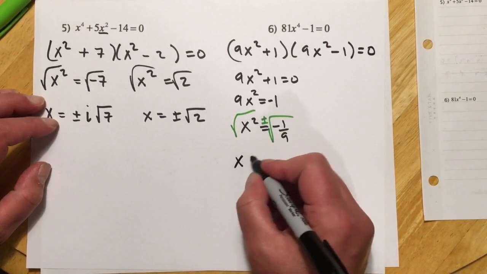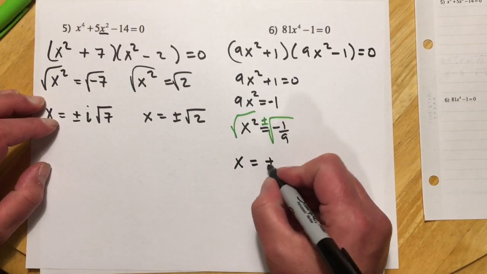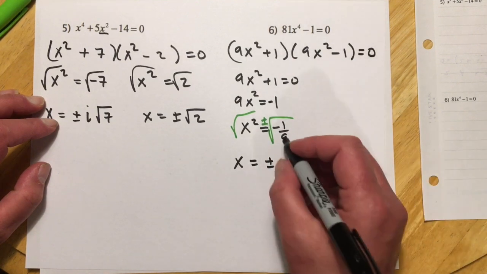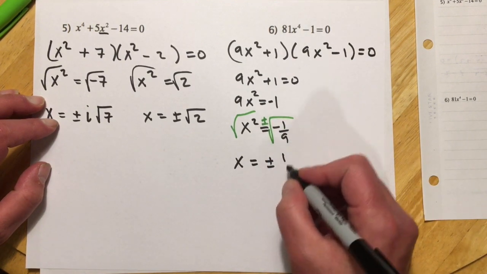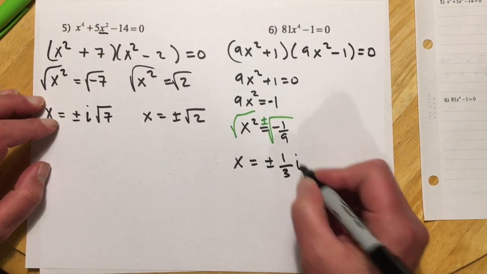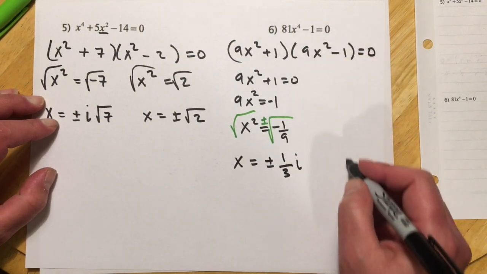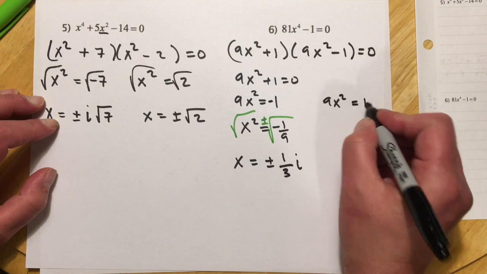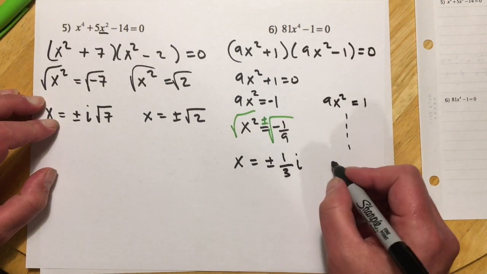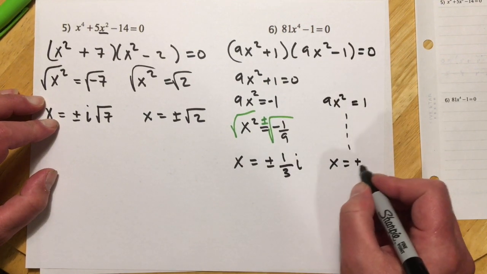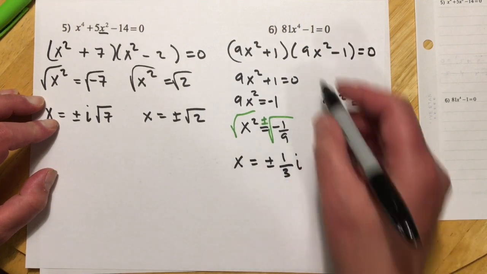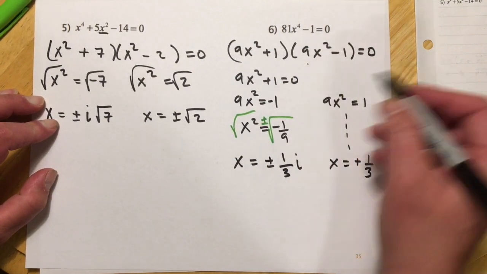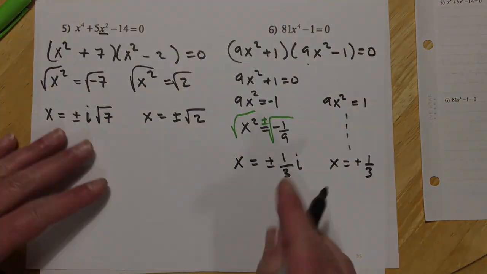And so here I'm going to get x equals plus or minus, the negative will be an i, and square root 1 is 1, square root 9 is 3, so 1/3 i. And if I do the same thing here, I'm just going to get 9x squared equals positive 1, and so x equals plus or minus 1/3. And you can also do it by 3x plus 1, 3x minus 1 as a factor.